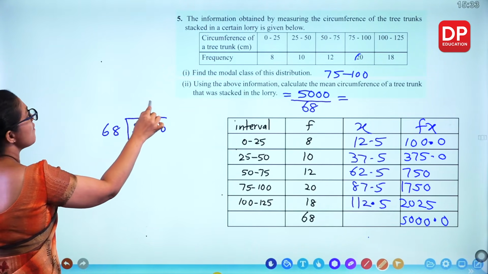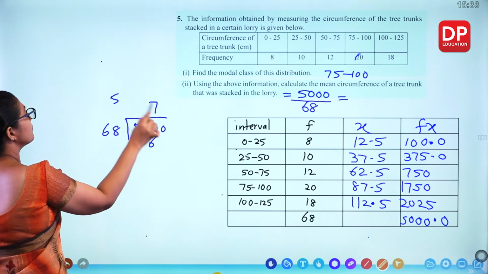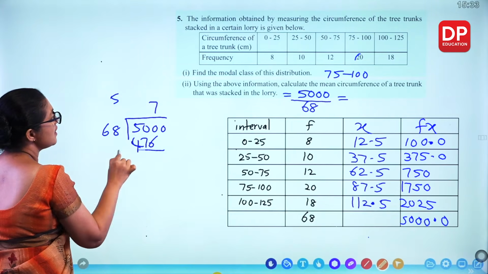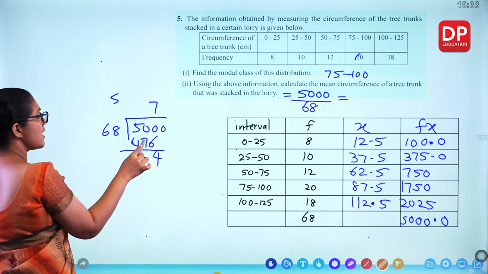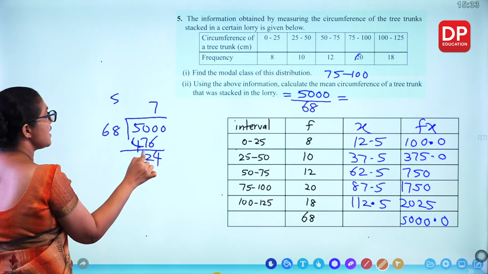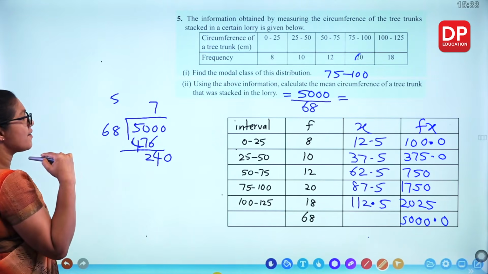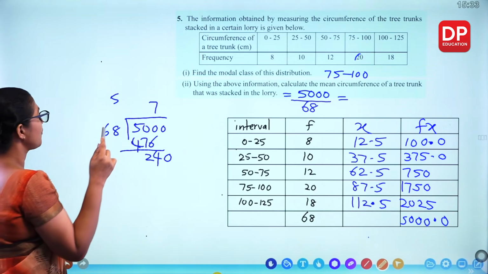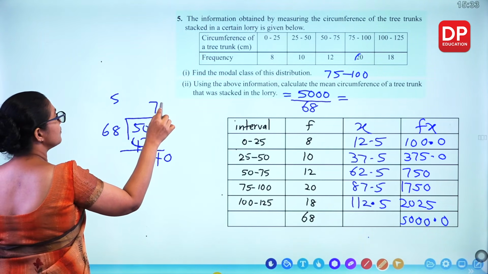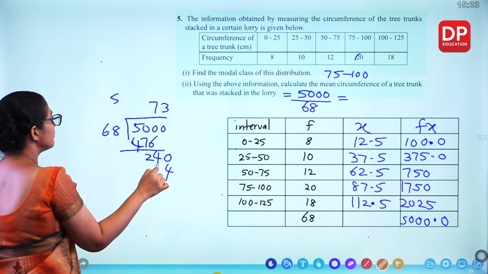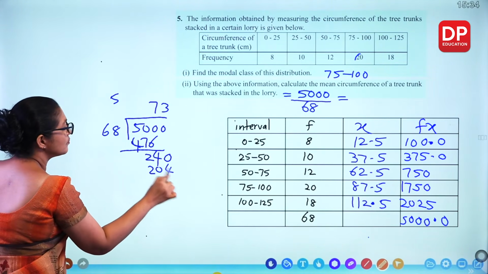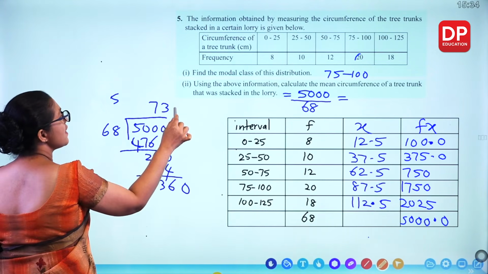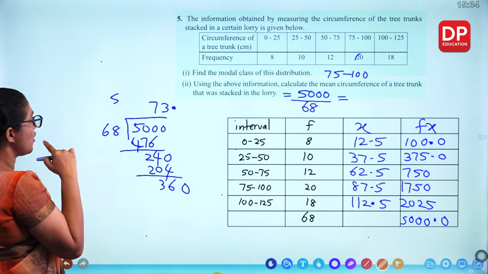So this is 7. 47 here. So subtract, you get 10, 1 remaining, 8, 9, 10. So 24. So 240, roughly 3. So 36 for 306, that's 73 point.